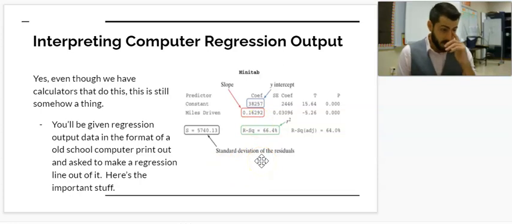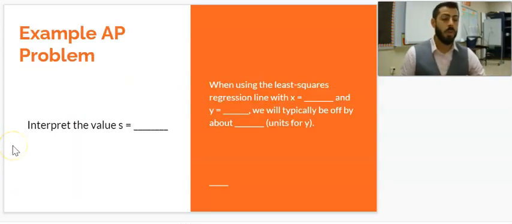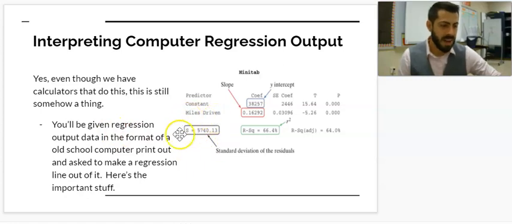For the standard deviation question, we can use this value and plug it into our answer. So 5740, we go up. So when using the least squared regression line with x equals miles driven and y equals price, we will usually be off by about $5,740.